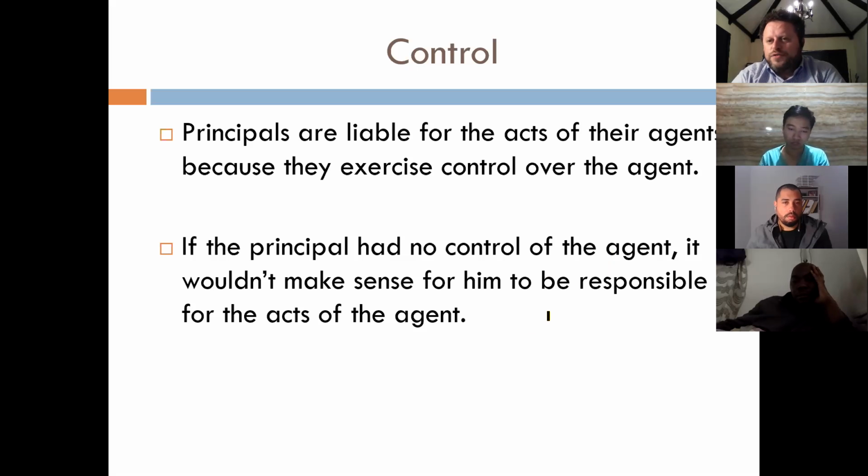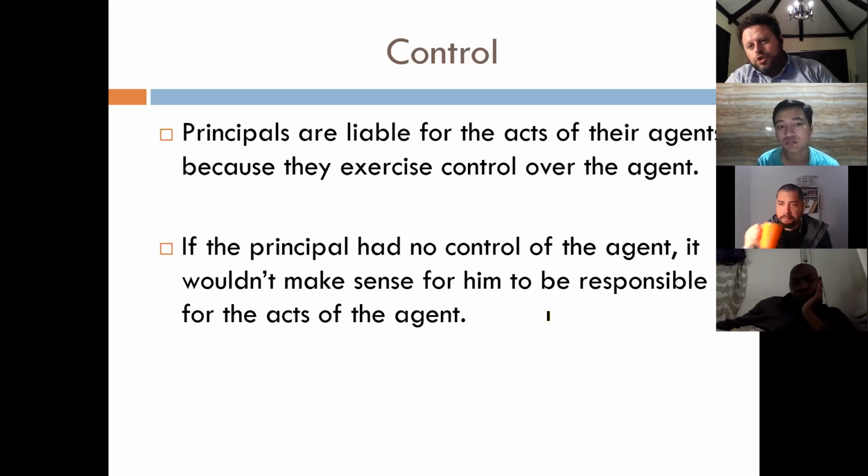I'm only responsible for you if I can tell you what to do. Now, it is possible that, let's say I have a big company and I hire Jody to be my senior vice president. And I say, Jody, I have to go to Canada for the next year. You run the business. Now, I don't know what Jody is doing each day, but I did tell him what to do to run the business.